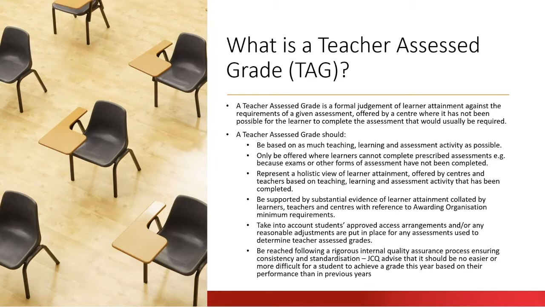Another important thing to say is that teacher assessed grades aren't just assigned by your students' teachers. They're reached following a very rigorous internal quality assurance process, because we absolutely need to make sure that there is consistency and standardisation throughout all of our GCSE English and Maths groups. And JCQ have issued very clear guidance that it should be no easier or more difficult for a student to achieve a grade this year than in previous years where exams have taken place.